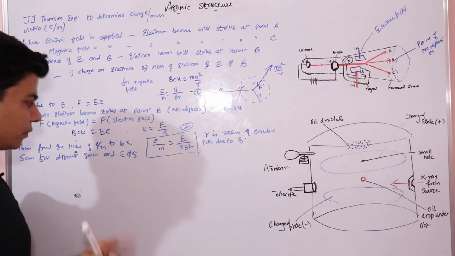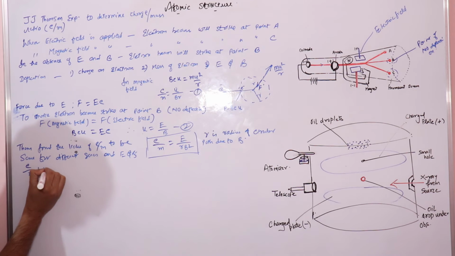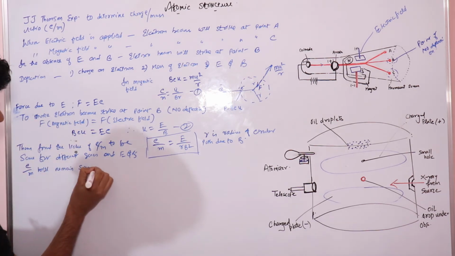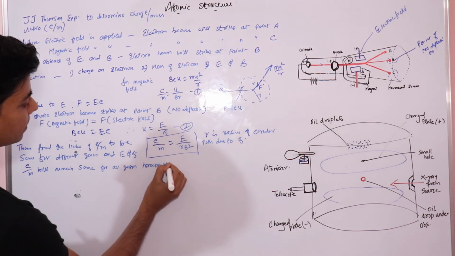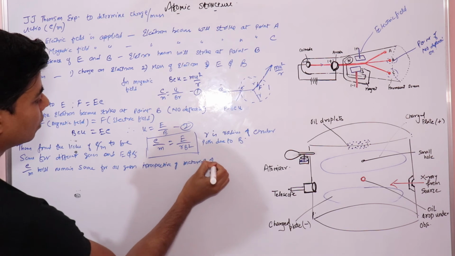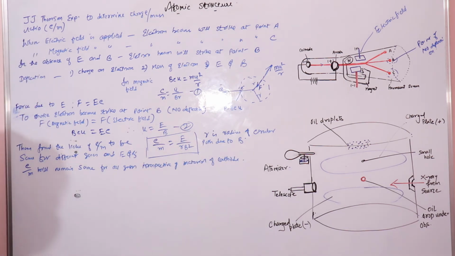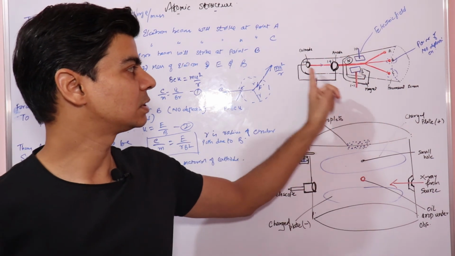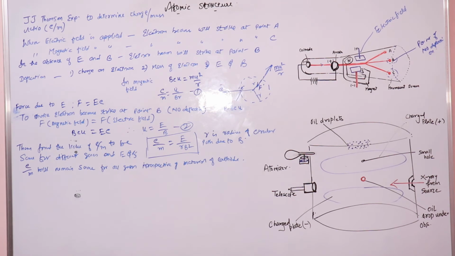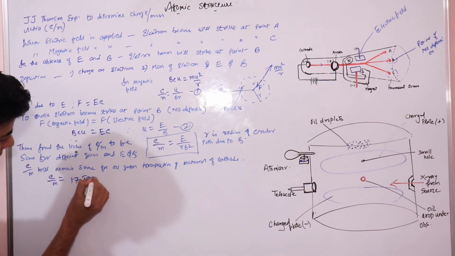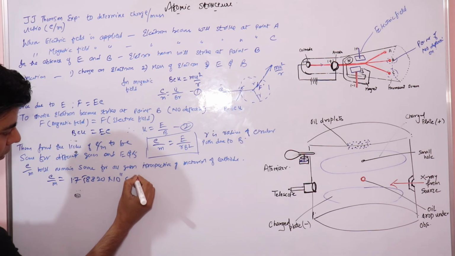So this is for electron. We have e upon m will remain the same for all gases, irrespective of the material of the cathode and different values of E and B. E and B are adjusted such that this electron beam will strike at point B. And the value of e upon m was found to be 1.758820 into 10 to the power of 11 coulomb per kg.